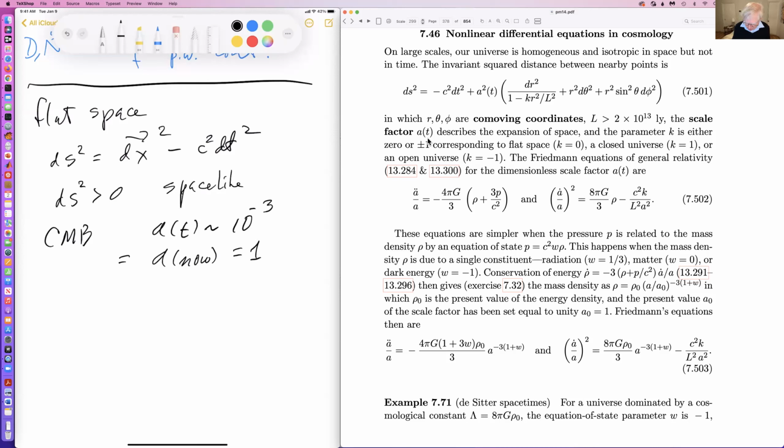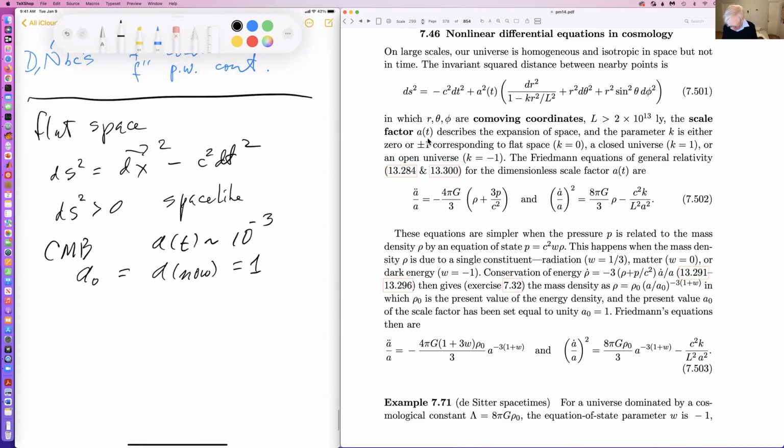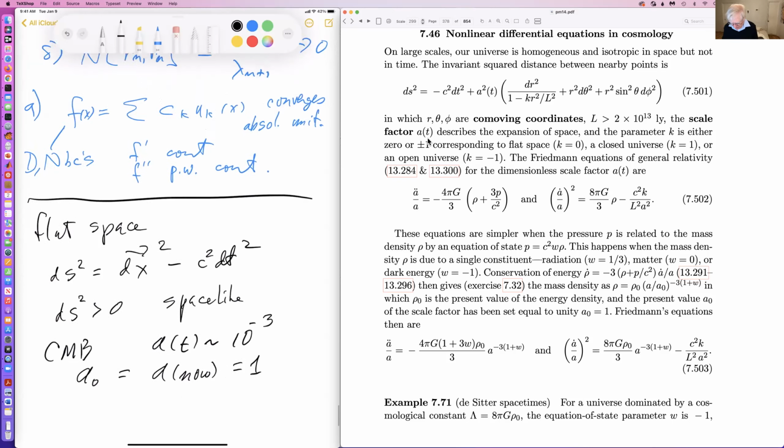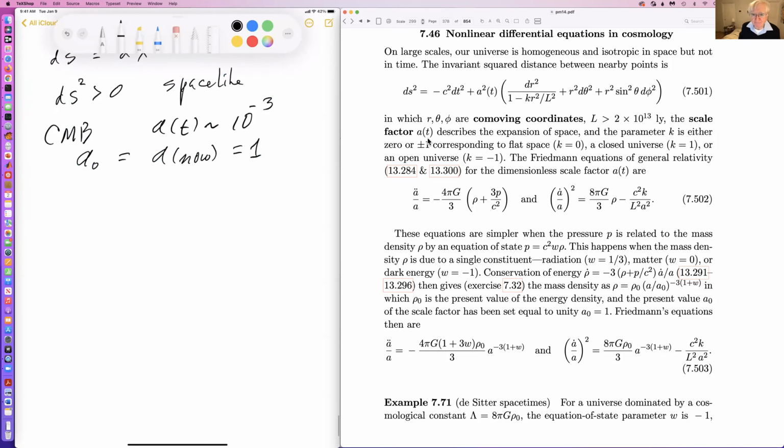Astronomers use 0 for now. Physicists tend to use 0 for the beginning. But since the beginning in astronomy has always been the most unknown, whereas in physics the beginning is always the most known, the astronomers use 0 for what they know, which is now. And so they set that equal to 1.